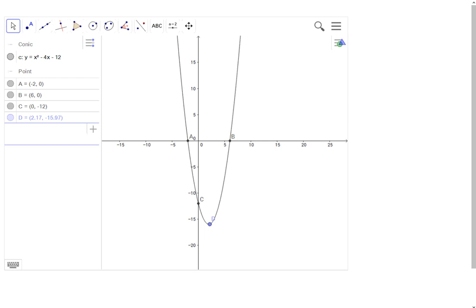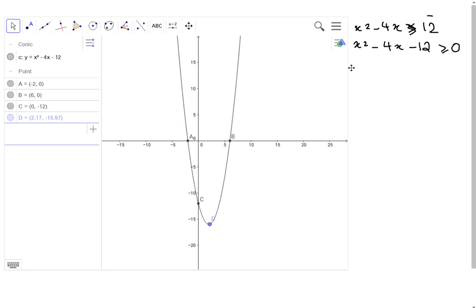Okay, here, if you're given x squared minus 4x is greater than or equal to 12, then again, we put everything on one side, so we're going to minus the 12. So we've got x squared minus 4x minus 12 is greater than or equal to 0.